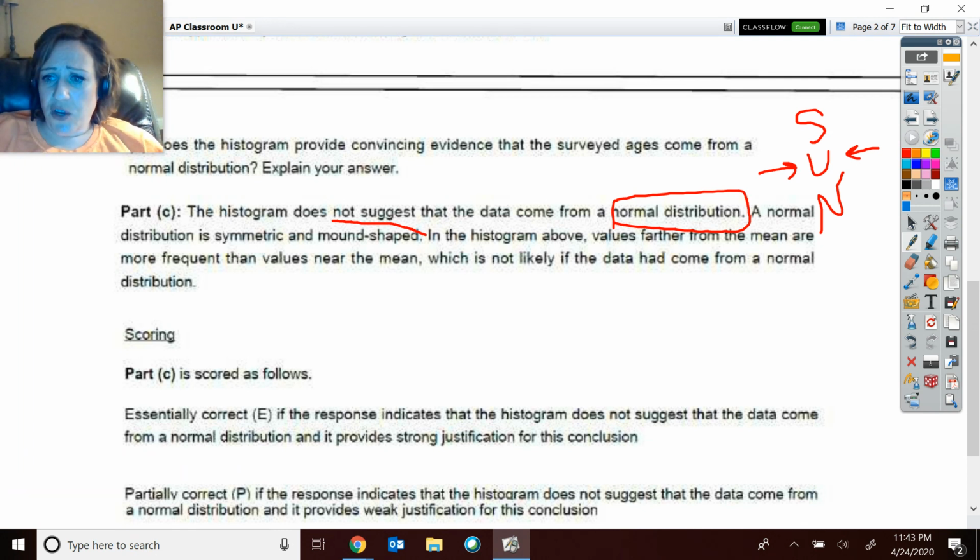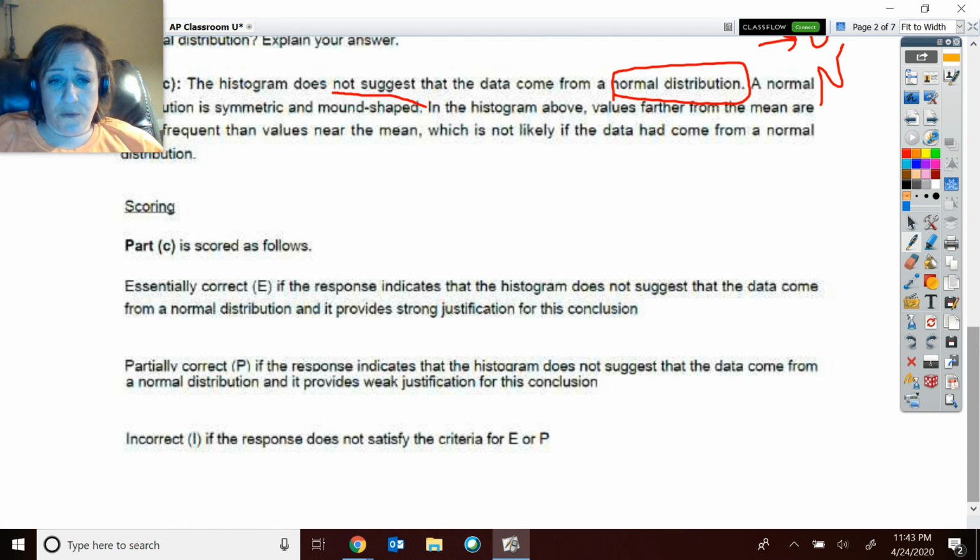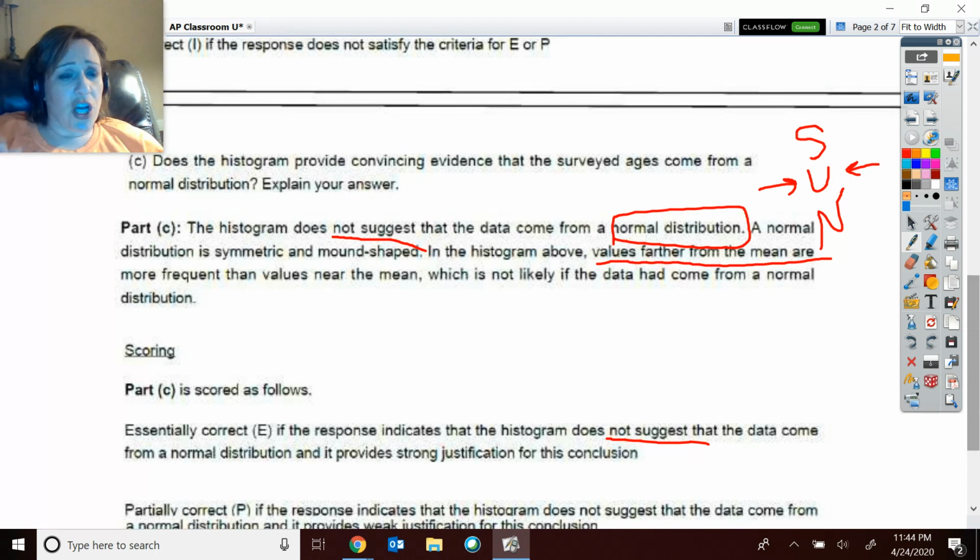So here's how you got credit for that. You got full credit if you said that it is not coming from the normal distribution and you gave an explanation, like it's not got the values farther from the mean at higher frequency. You had those higher bars on those outside edges. So it is not likely that it came from normal.